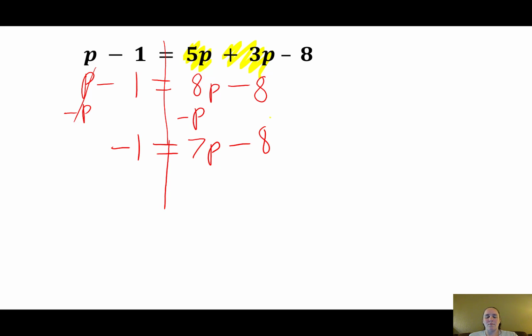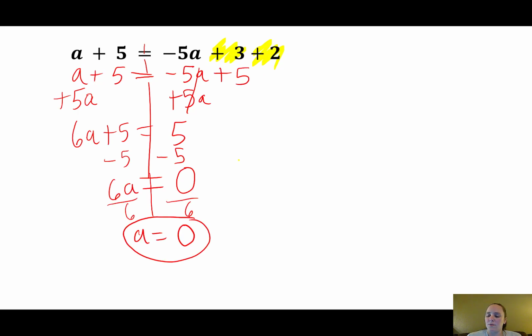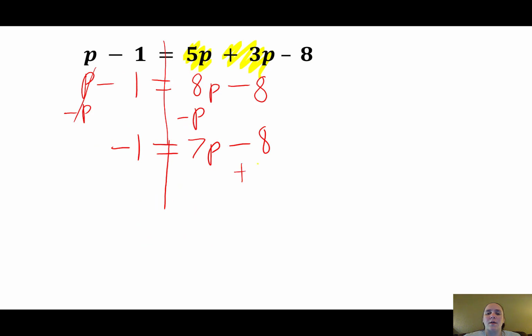Then I need to move my constant. What is my constant here? Negative 8. Add 8 to both sides. Negative 1 plus 8 gives me 7 equal to 7p.